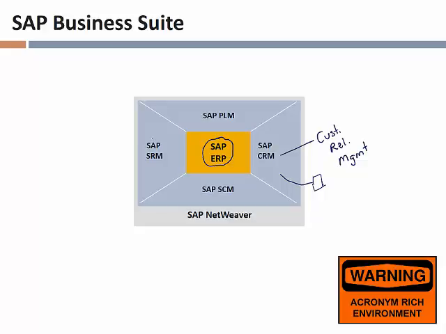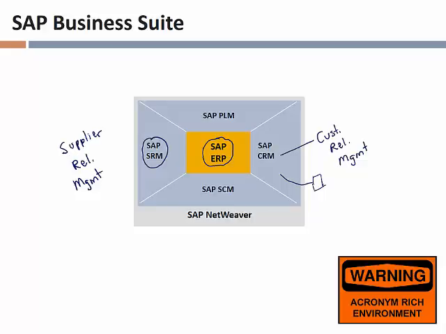Kind of the corollary to that, SRM is supplier relationship management. So whereas customer relationship management is focused on our relationship with our customer, supplier relationship management is focused on our relationship with our supplier.